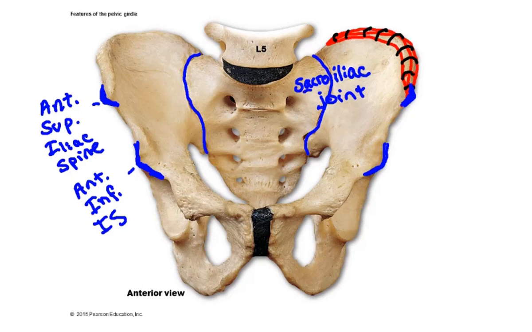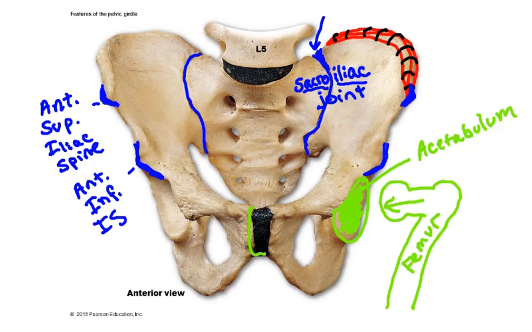See, sacrum and iliac, so sacroiliac joint. And inside of here, the back of the iliac is all rough and bumpy, and that's called the iliac tuberosity. And it's very rough back here, kind of in the sacroiliac joint and in the back posteriorly.